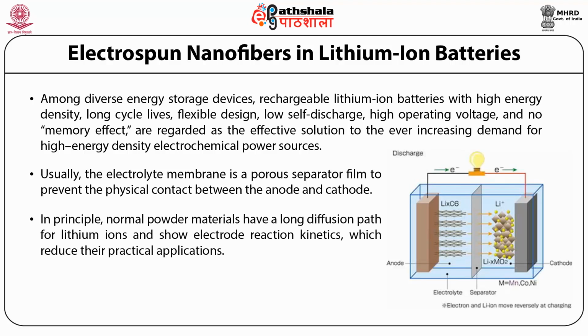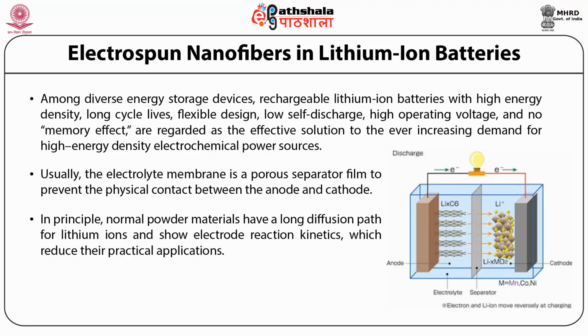In principle, normal powder materials have a long diffusion path for lithium ions and slow electrode reaction kinetics, which reduce their practical application. Electrospun nanofibers gain special attention in fabricating electrodes for lithium ion batteries, driven by the shorter diffusion path in contrast to the commonly employed powder material.